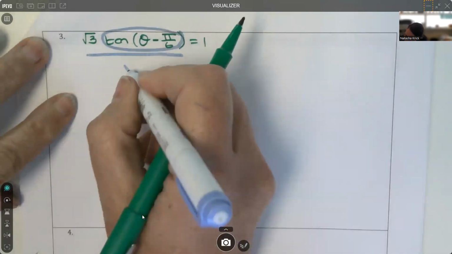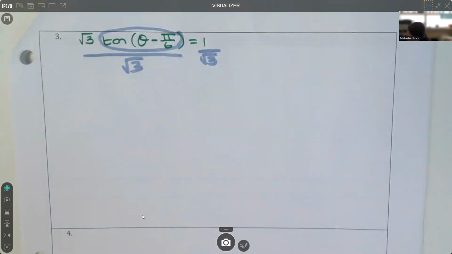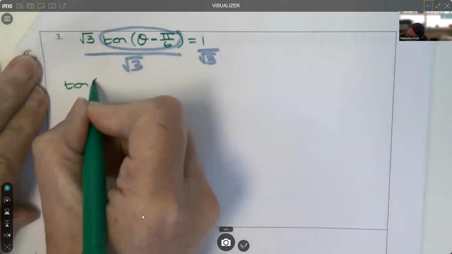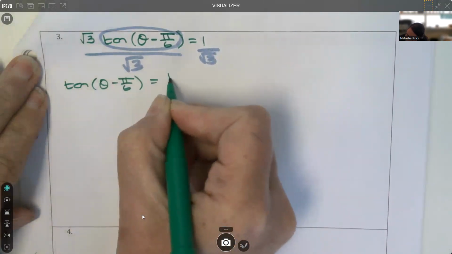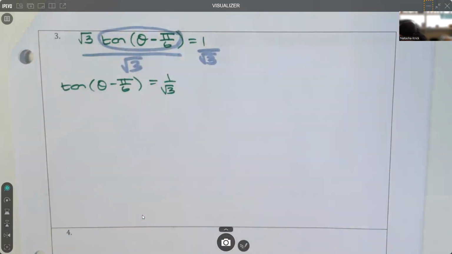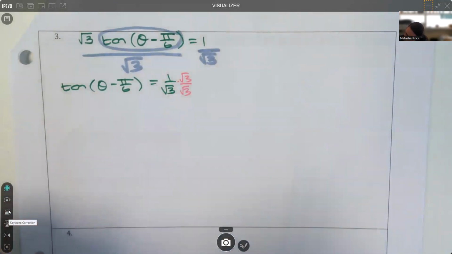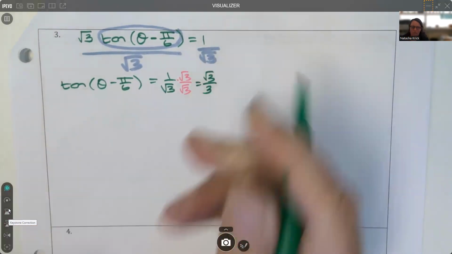So we're going to divide by the square root of 3, and we would get tangent of theta minus pi over 6 is equal to 1 over root 3. We could then rationalize that, and we're going to get that the tangent is equal to root 3 over 3.